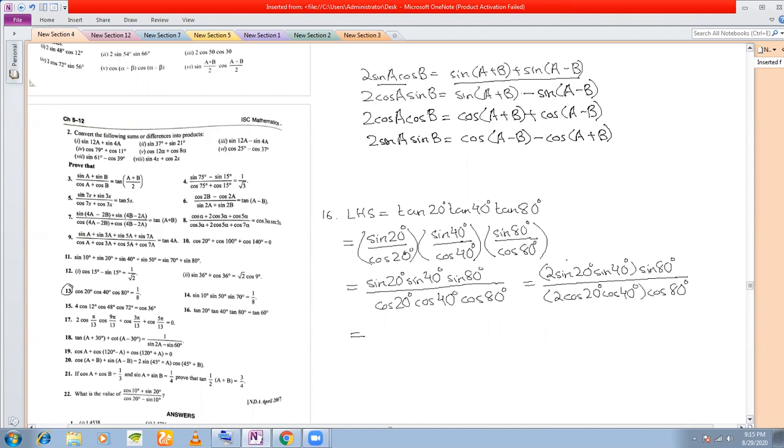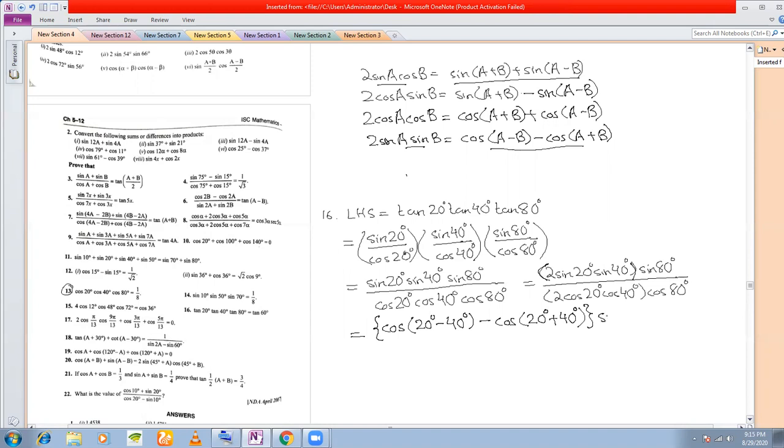Now see, within the brackets here, you have 2 sin A sin B type, right? And 2 sin A sin B is cos A minus B minus cos A plus B, where A is 20 degree and B is 40 degree. So we write this as cos A minus B minus cos A plus B. Now change this product to a difference.